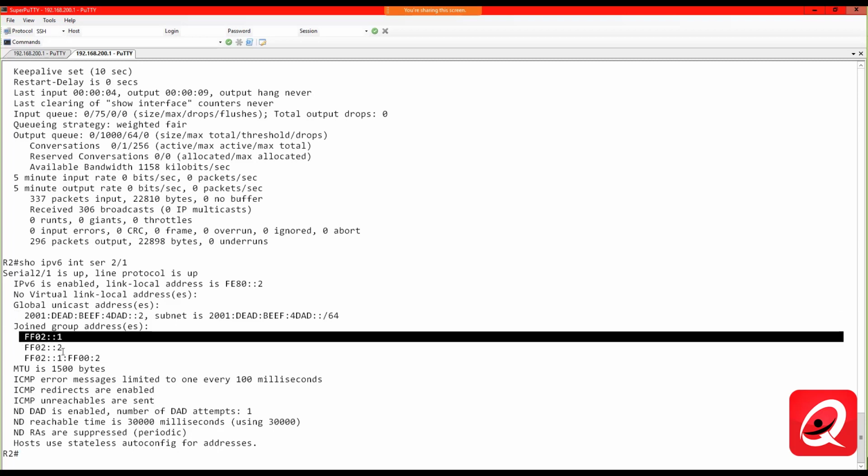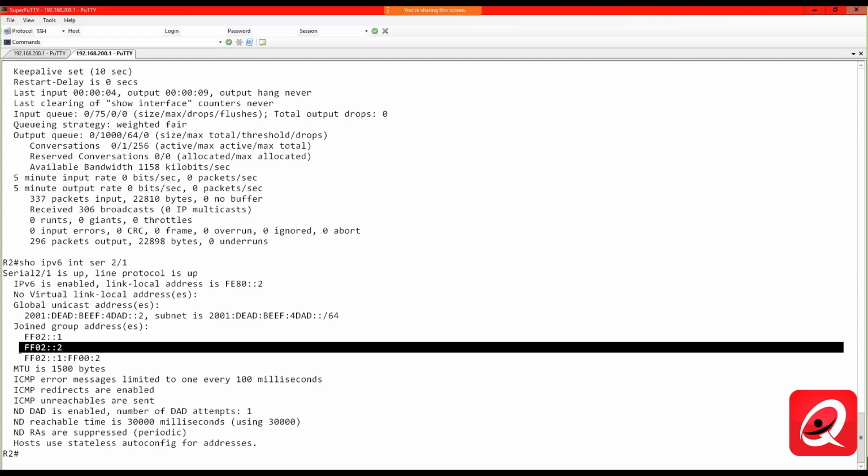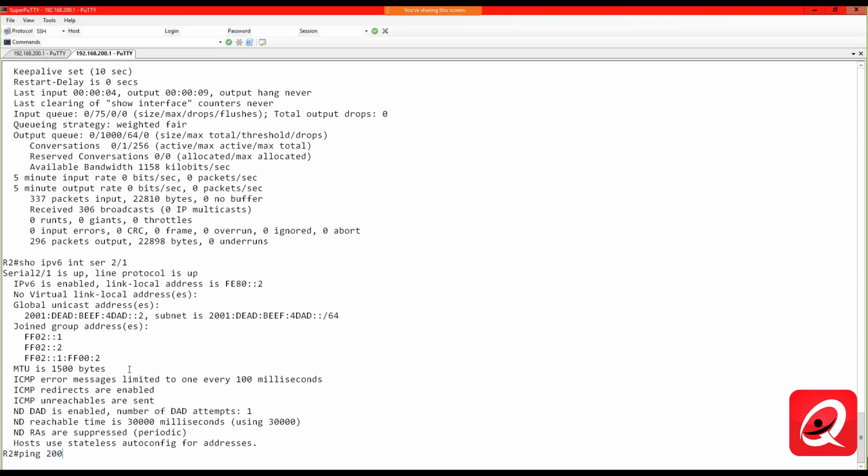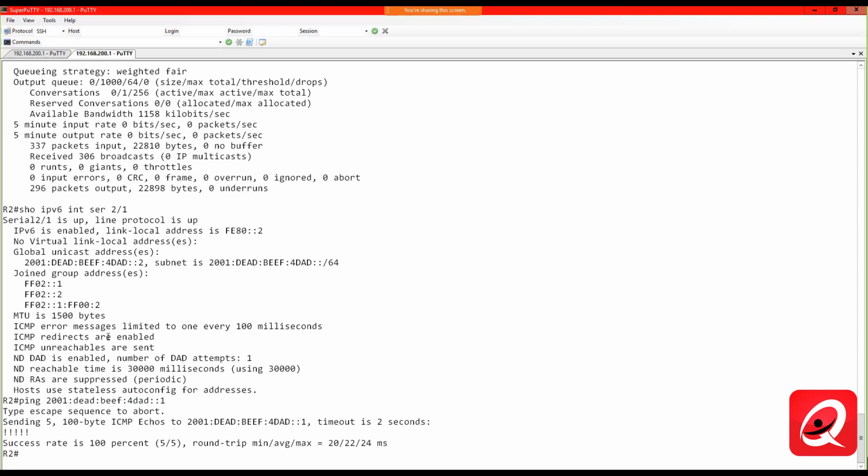We're participating in the all hosts multicast group and all routers multicast group. We're not necessarily seeing the encapsulation identified here, but we're still using the same encapsulation. In fact, I could ping 2001:dead:beef:4dad::1, and it works just fine. So I'm doing an HDLC encapsulation, but I wanted to identify what it would look like when we're running PPP, which we're going to switch to here in a little bit.